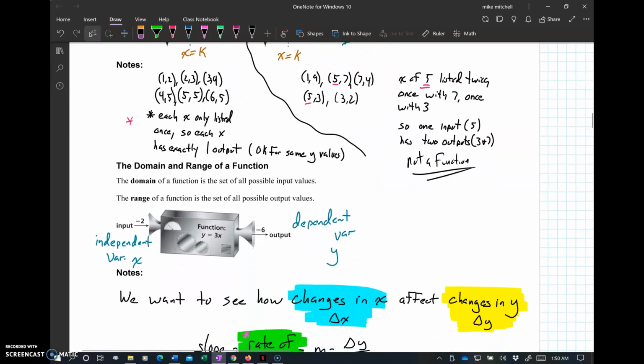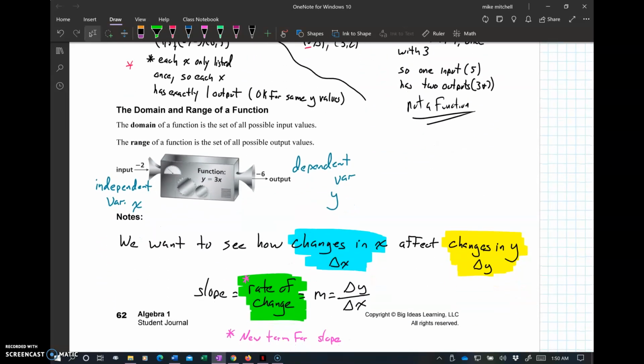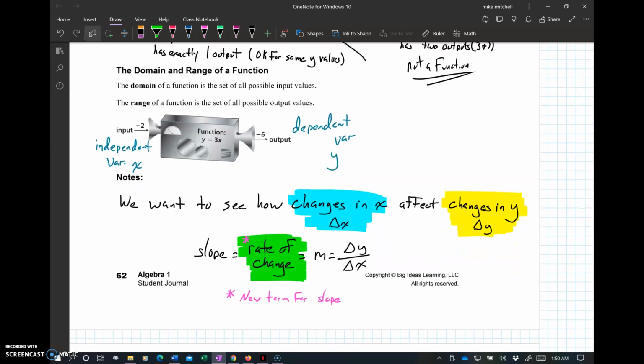Domain and range, we mentioned these earlier. This is the classic diagram for it, the function machine. The independent variable x goes in on the left side. The dependent variable, or y, comes out on the right side. Some notes here.